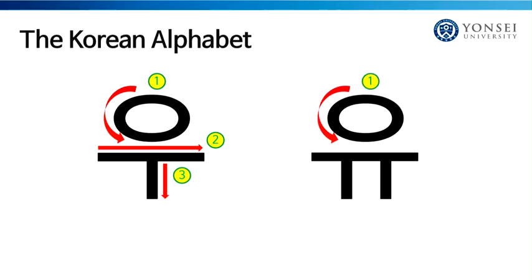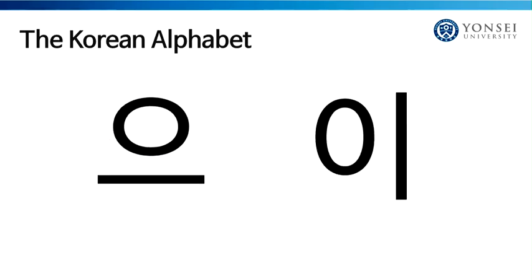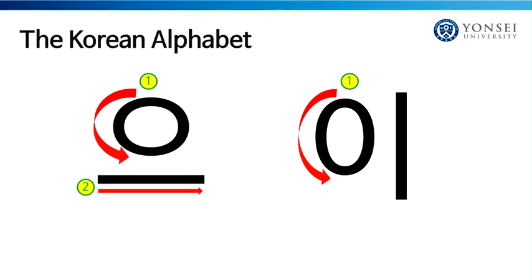U, a circle first, a long stroke left to right, 2 strokes from top to bottom. U, a circle first, a long stroke left to right. E, a circle first, a long stroke top to bottom.